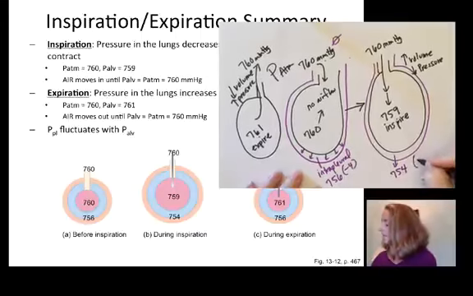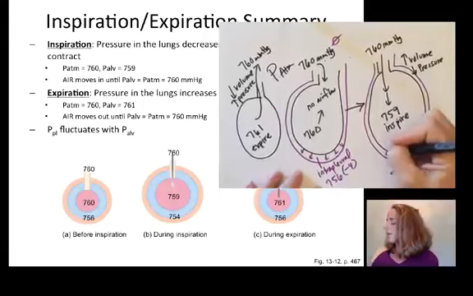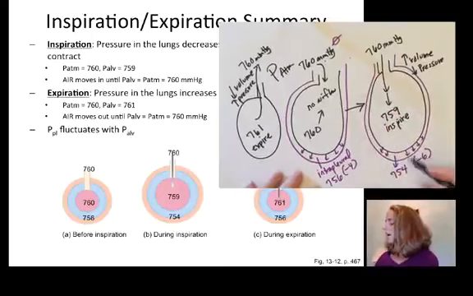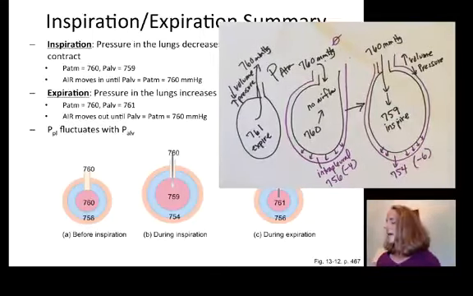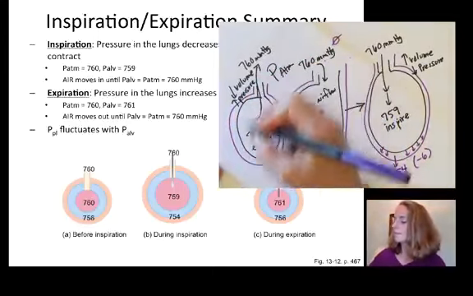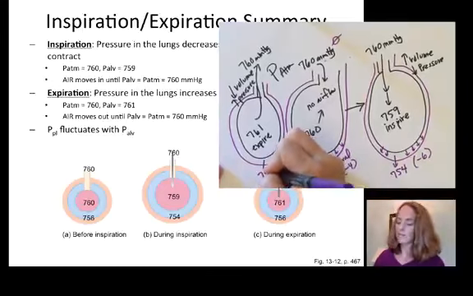That would be sort of like a -6, and that will pull even further on the lungs to really ensure that the lungs are coupled to the chest cavity. Then expiration is passive. Everything moves down at the same time. So expiration will go back down to 756.